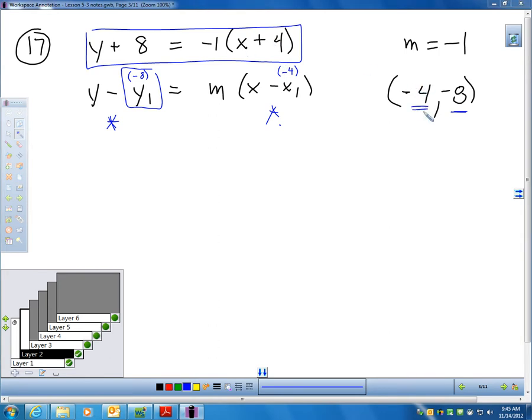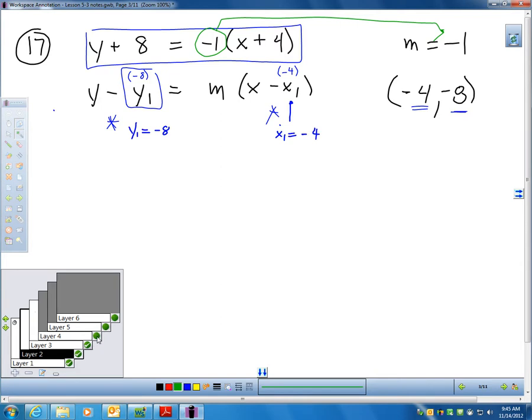So that's how I got the point negative 4, negative 8 for x plus 4 and y plus 8. My slope, you can see it right here. My slope is negative 1. So do you see where I'm getting negative 4, negative 8 from my point, and my slope's negative 1?